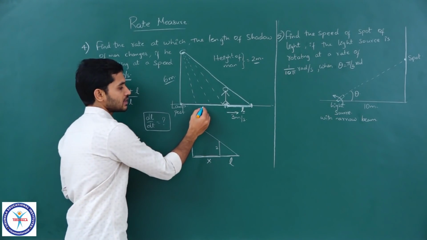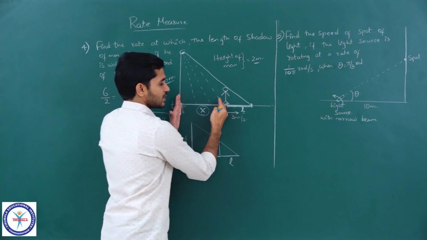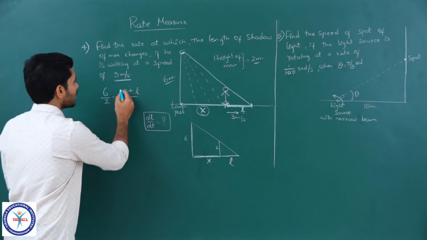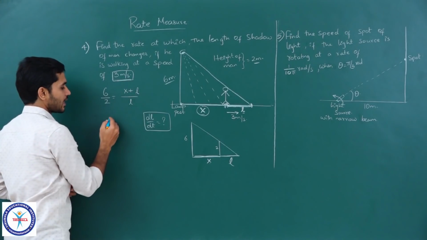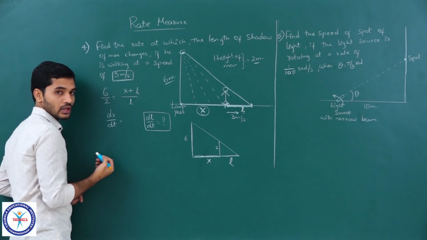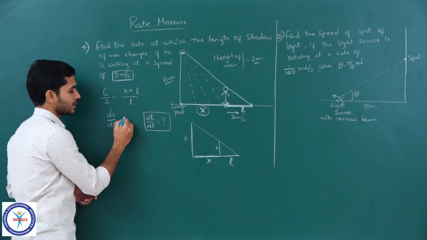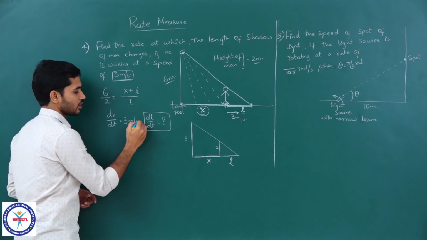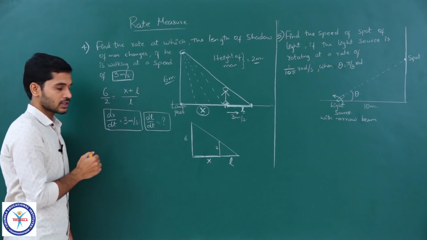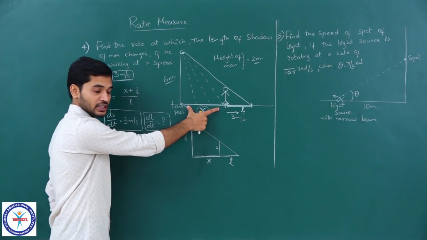So the rate at which the distance between the lamp and the man is increasing is the speed of the man, right? So whatever speed they have given us is nothing but dx by dt. So the rate of change of x is what they have given. So dx by dt is 3 meter per second.